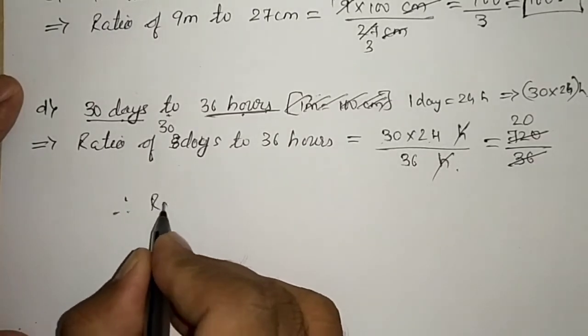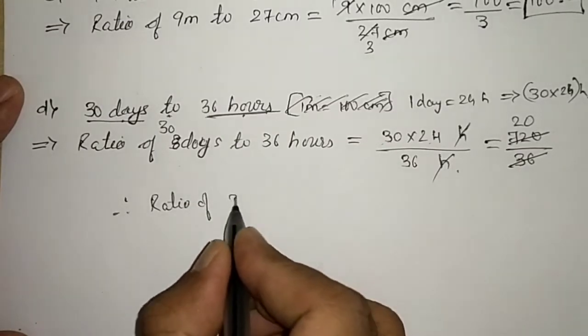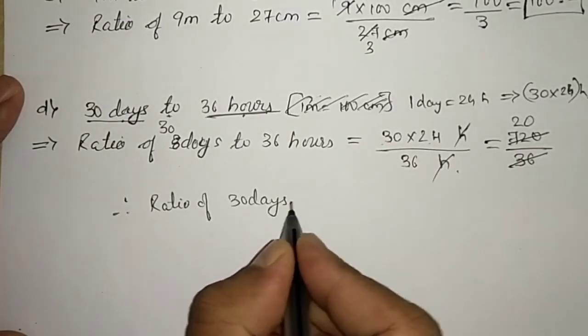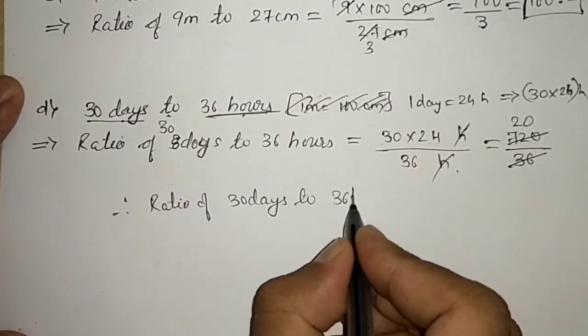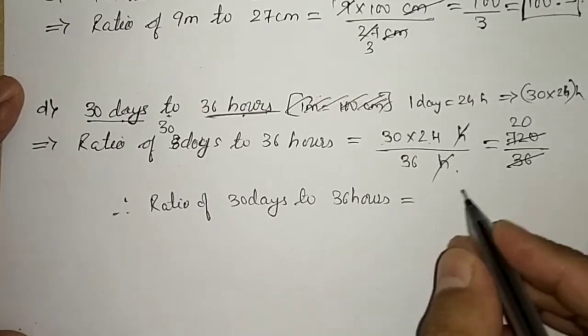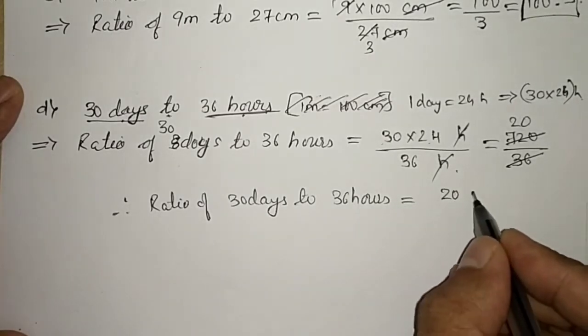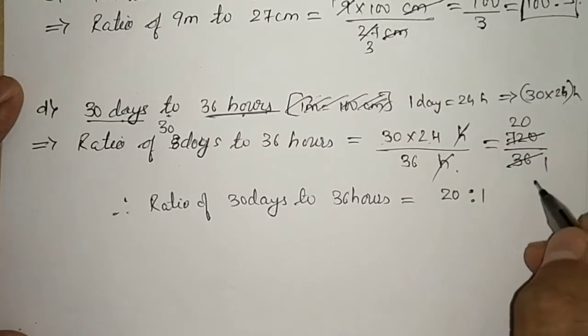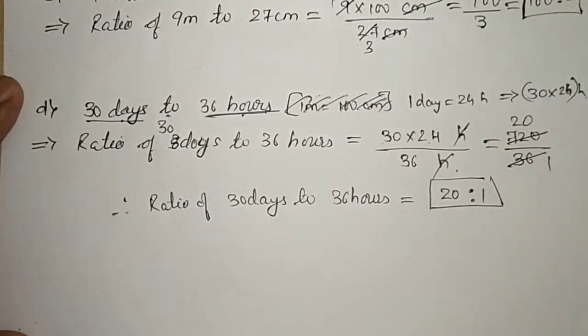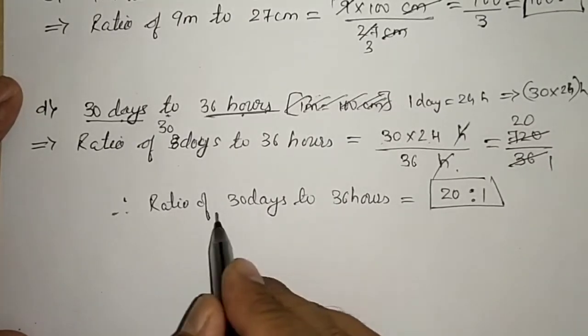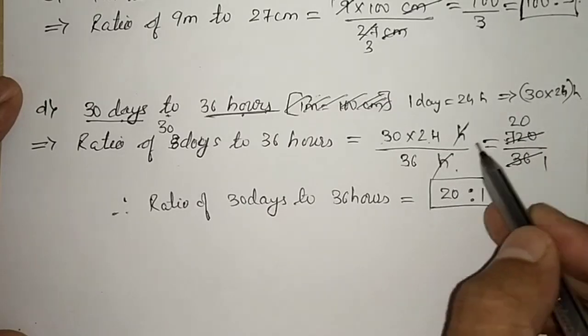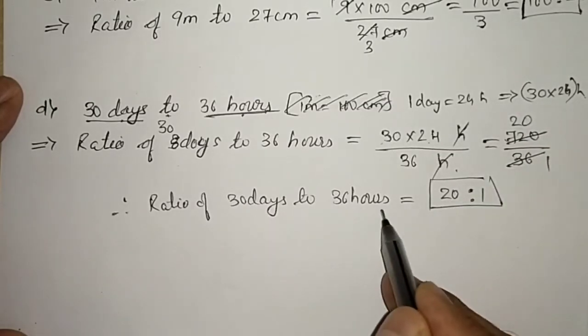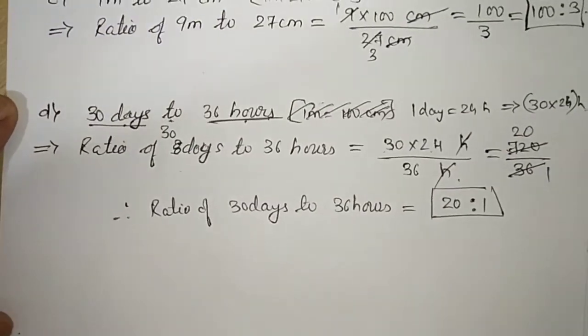Therefore the ratio of 30 days to 36 hours is equal to 20:1. You can also write the ratio of 720 hours to 36 hours is equal to 20:1.